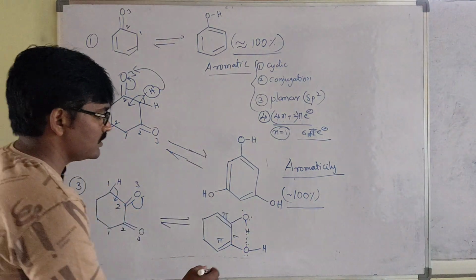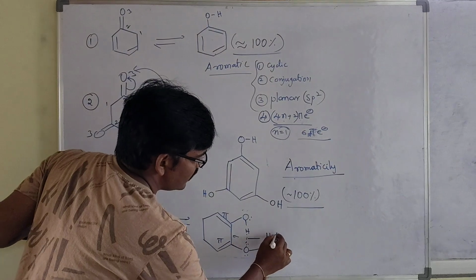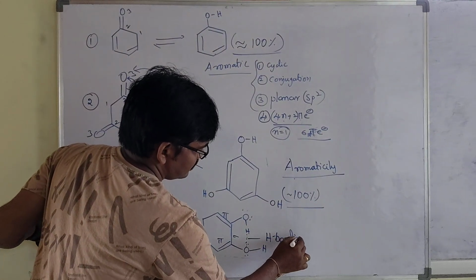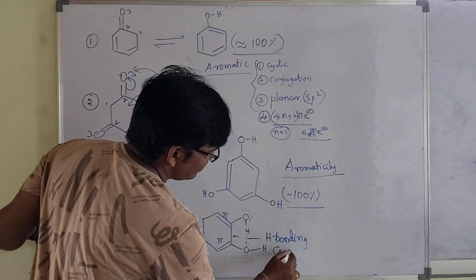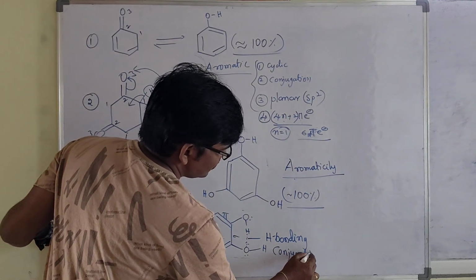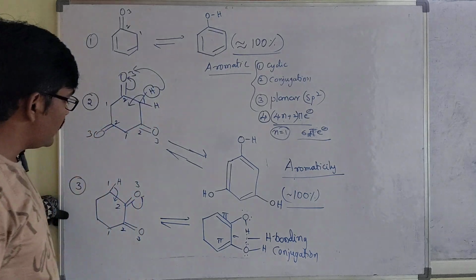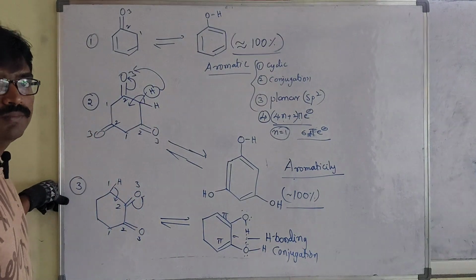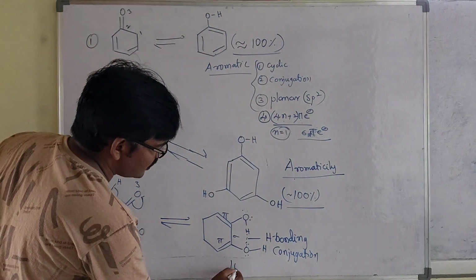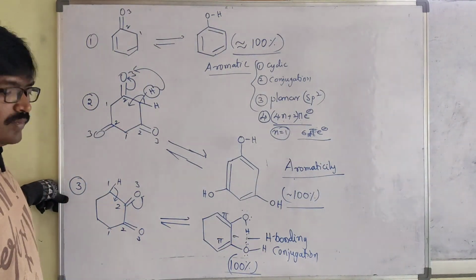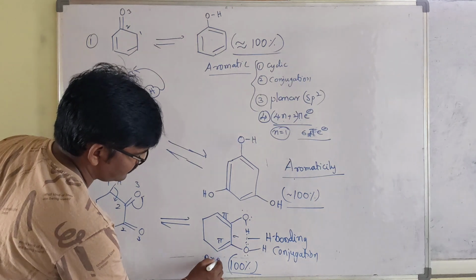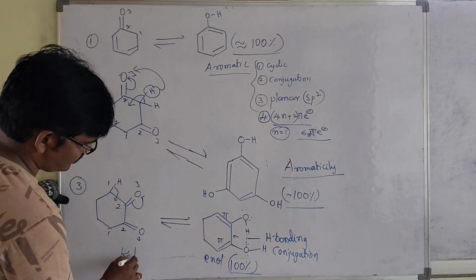Both conjugation and hydrogen bonding are present, so compared to ketone, enol formation is 100%. So this is enol formation, this is ketonic formation.